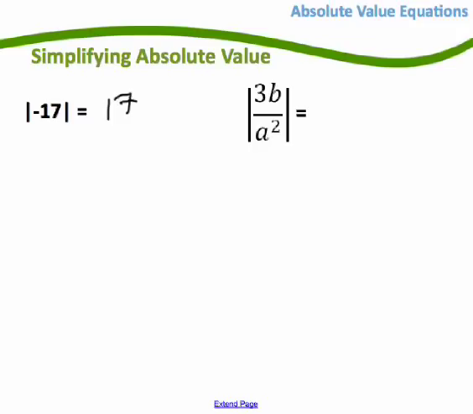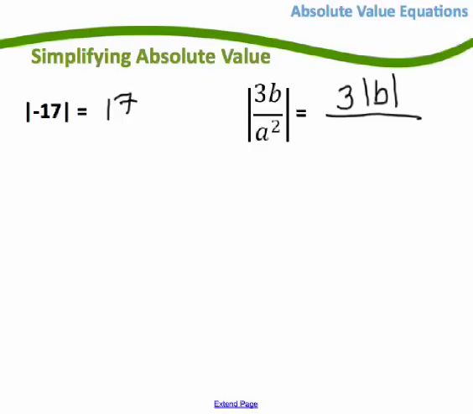What's the absolute value of 3? What's the absolute value of b? What's the absolute value of a squared? The absolute value of 3 would just be 3. The absolute value of b, I wouldn't know because I don't know if b is positive or negative. So I'm just going to leave that one alone and say absolute value of b, depending on what b is.